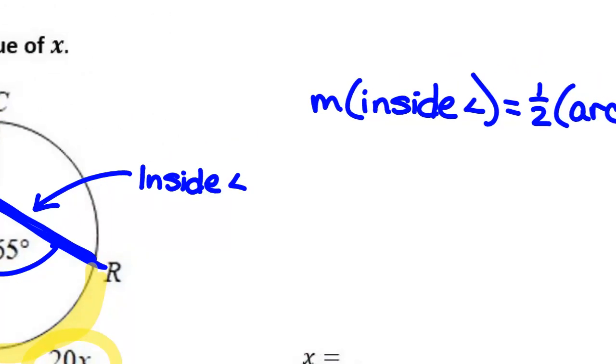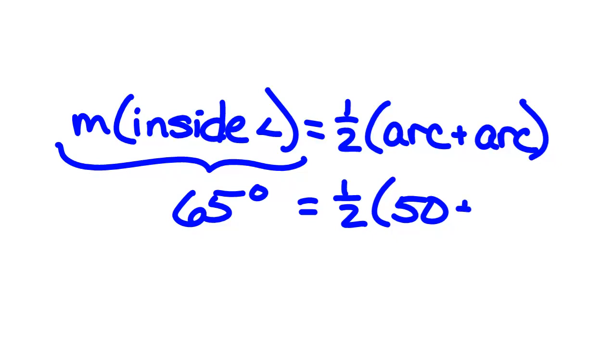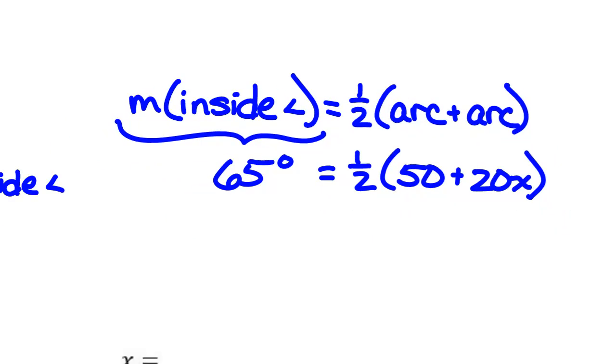So the measure of my inside angle, that is 65 degrees. So I'm going to put that in the place of my inside angle, is equal to 1/2 times the sum of these two arcs, 50 plus 20x. I want to get rid of this 1/2, which I could do by distributing, or what's another way I can get rid of fractions? Multiply by the denominator. So we're going to multiply both sides by 2.